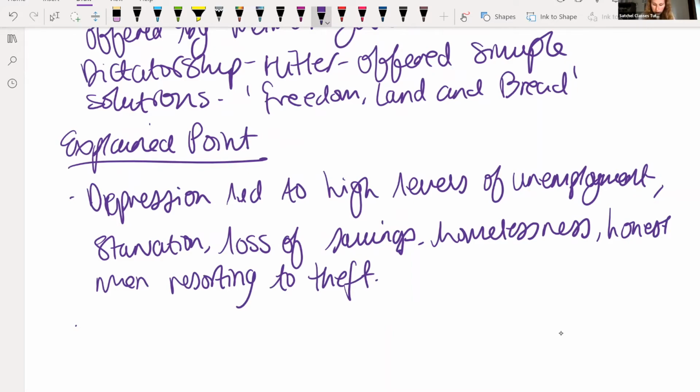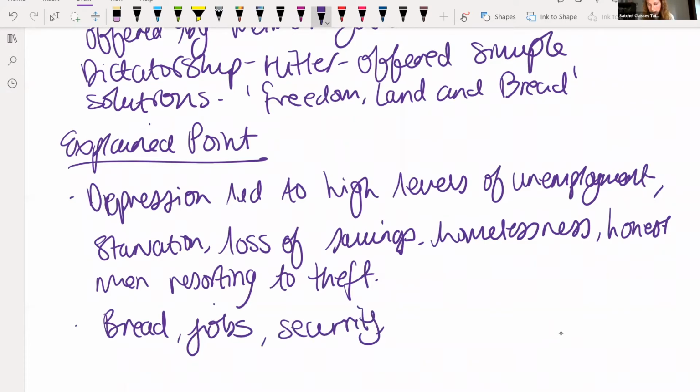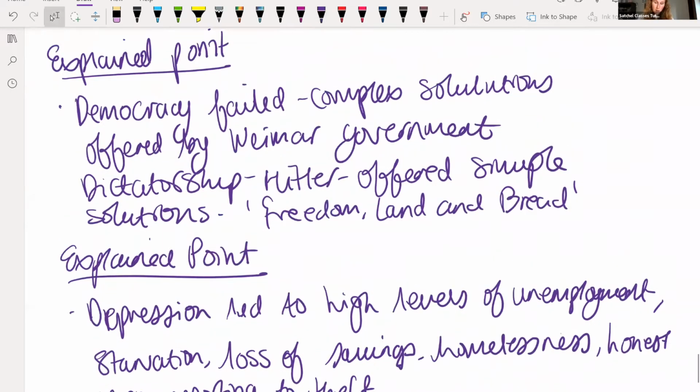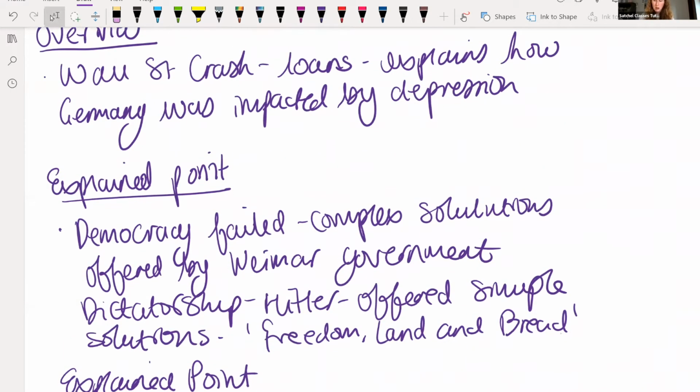bread and jobs, okay, and security and national pride. So can we see here how it really is a lot more straightforward than you might fear this question?